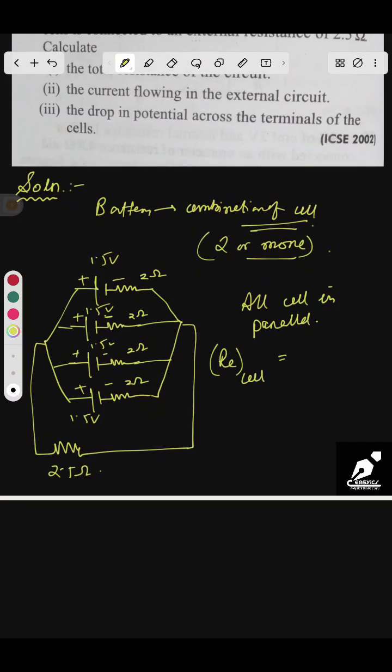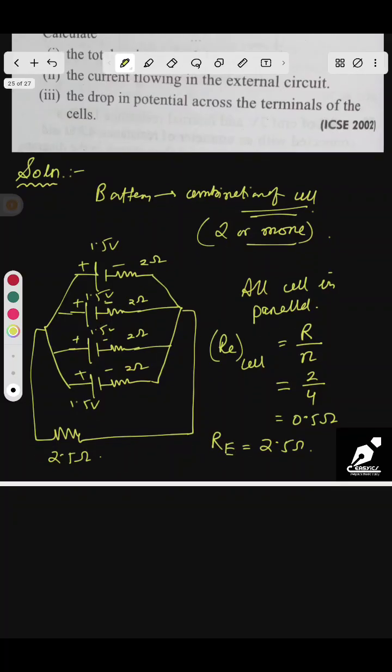Just now I told, if there are n resistances in parallel, and each resistance is equal, then the equivalent is the value of the resistance divided by the number of resistances. The value of the resistance is 2 ohm, the number is 4. It will be 0.5 ohm, and the external resistance is 2.5 ohm. So what will be the equivalent resistance of the circuit?